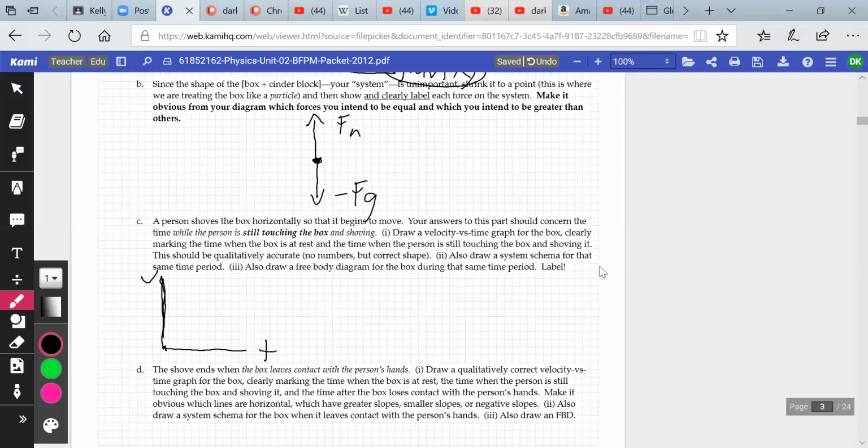So before we get back to that, let's draw our system schema. So again, the box cinder block system is the object in question of which we want to get all the forces that are acting on. Okay, so let's see, we have the block here. And then, just as we mentioned before, it's sitting on the floor.